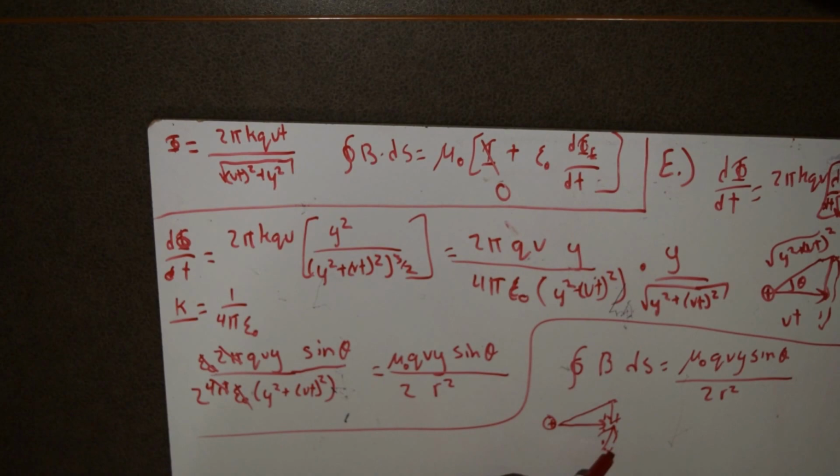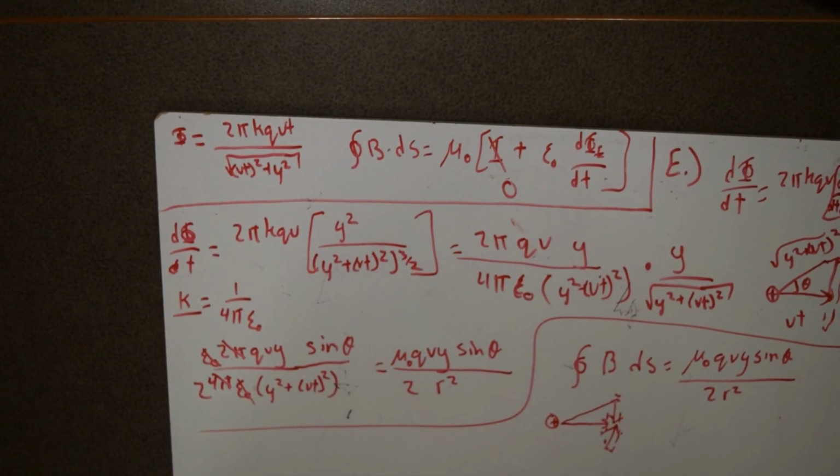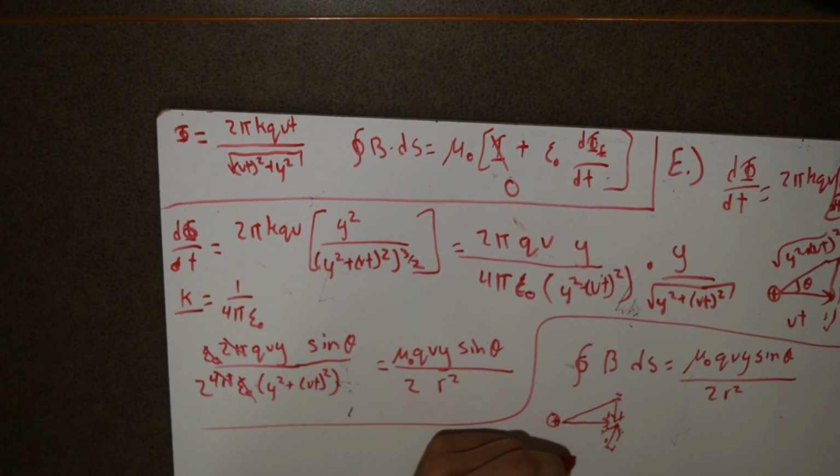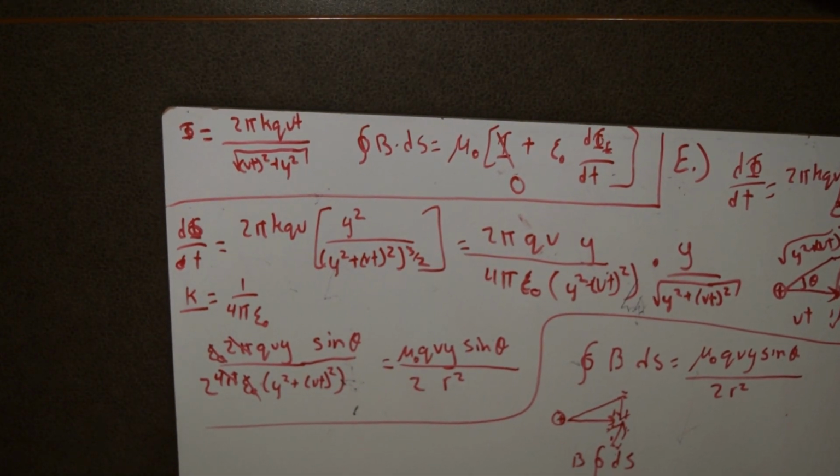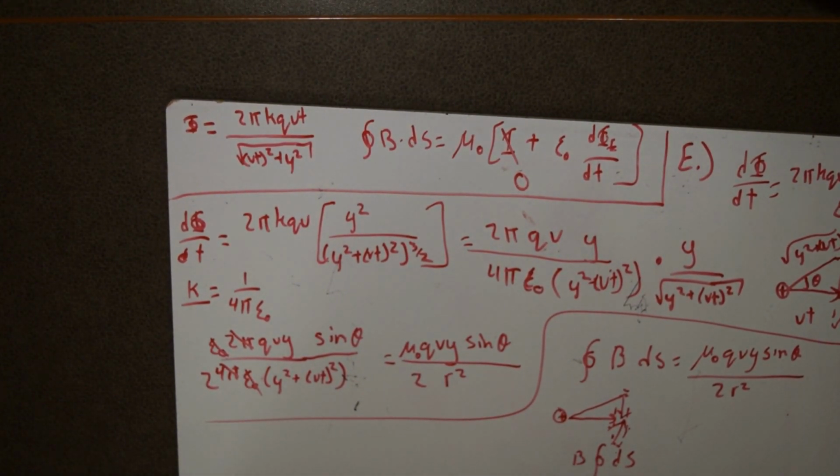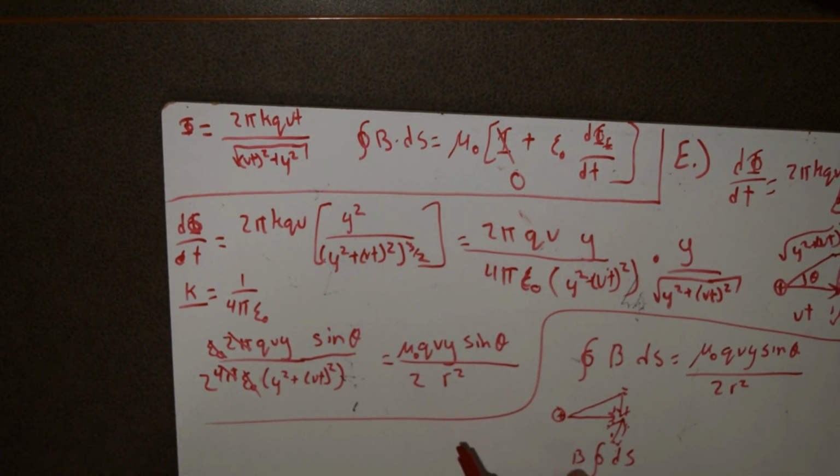So if point P was here, or here, or here, it wouldn't matter as long as it was the same distance from the path. So B would be a constant, and then we'd be left with this. And then the integral of ds is simply s, because we're taking the integral of the derivative of s. I guess you could think about it like that.